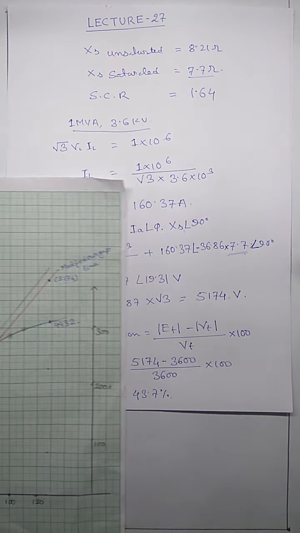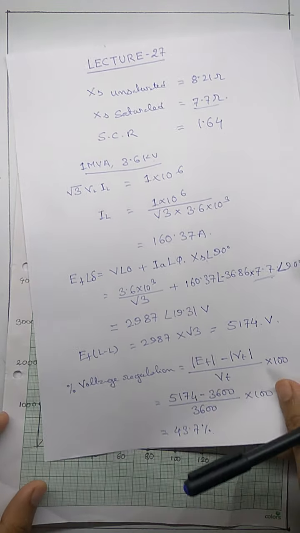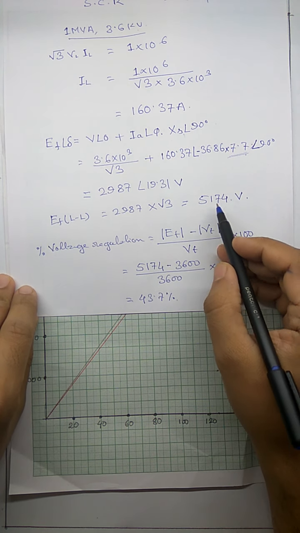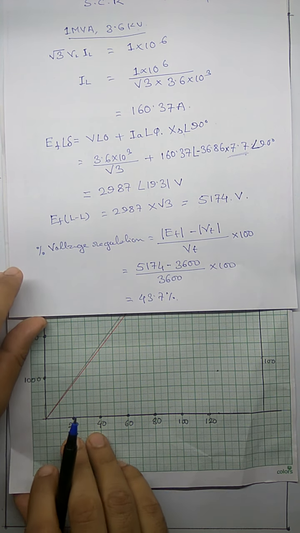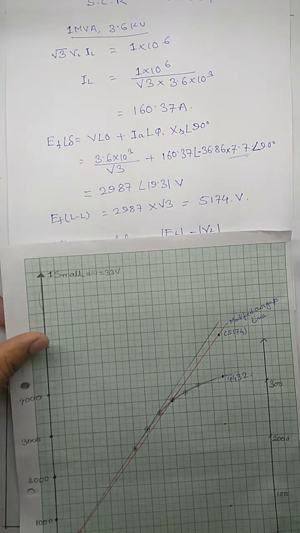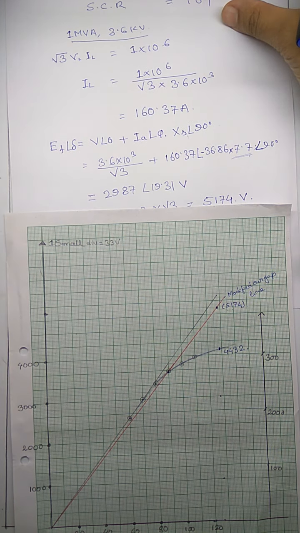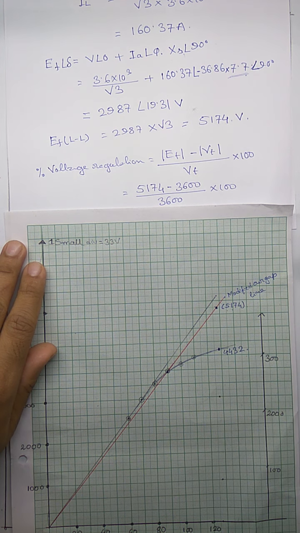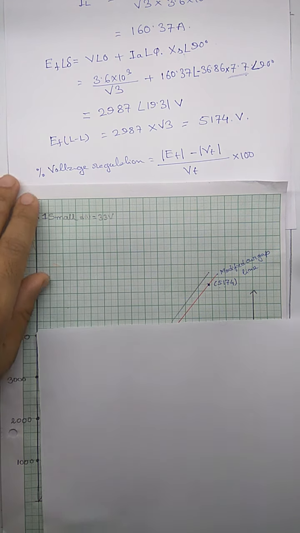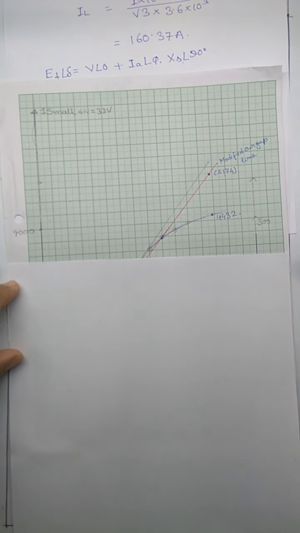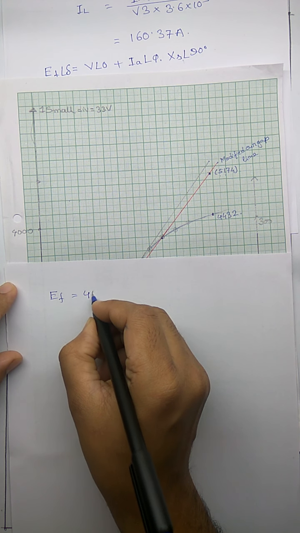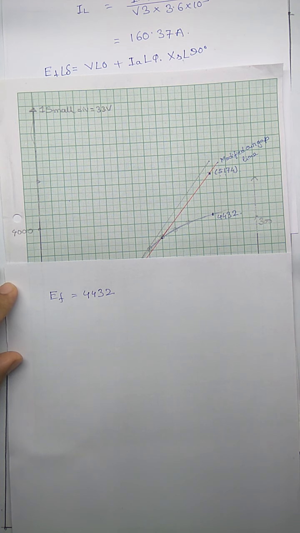Now, what we said earlier is that our no load voltage or excitation EMF is 5174. If we assume that, we are assuming that the machine does not saturate and operates along this line. However, if we say that my E_F is 4432, then we take care of the saturation as well.